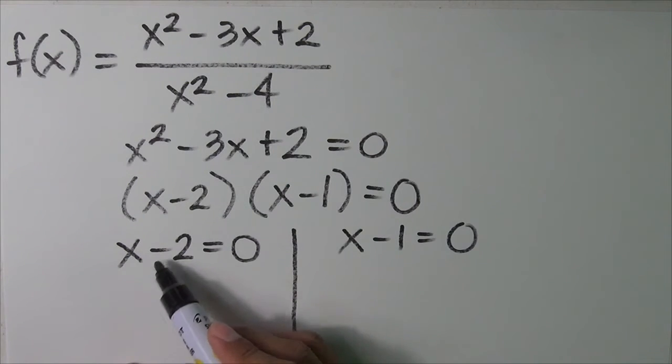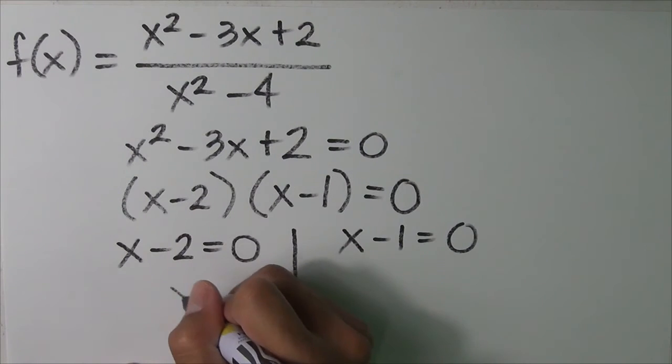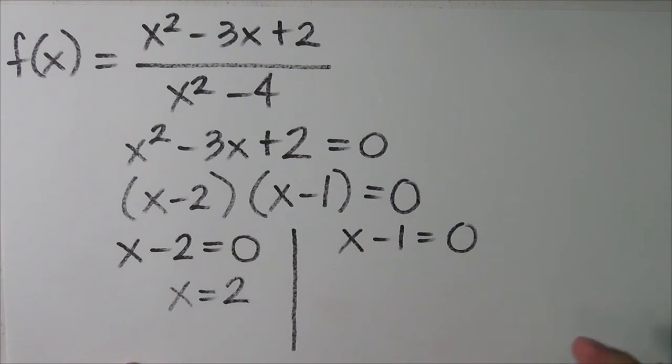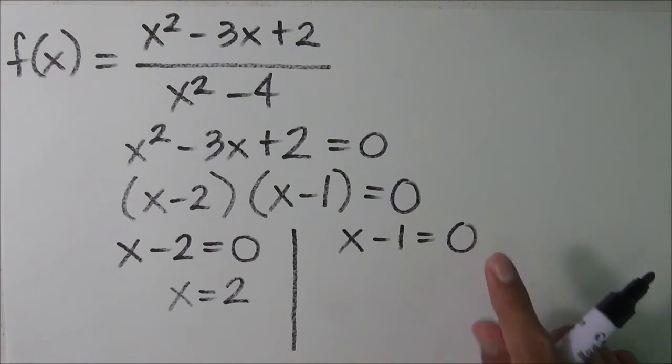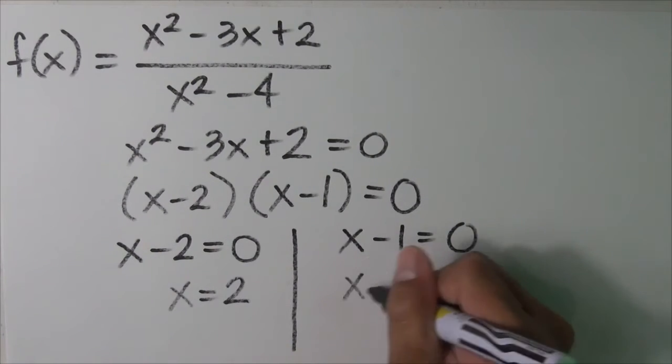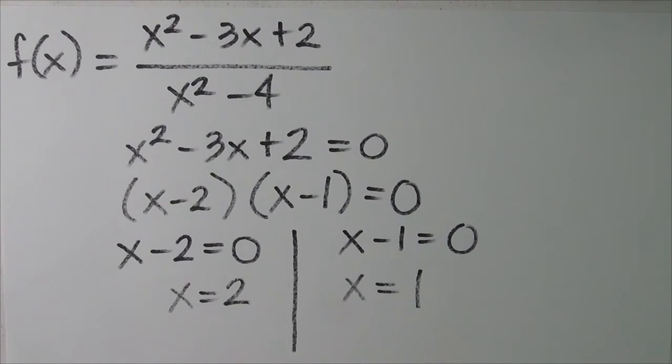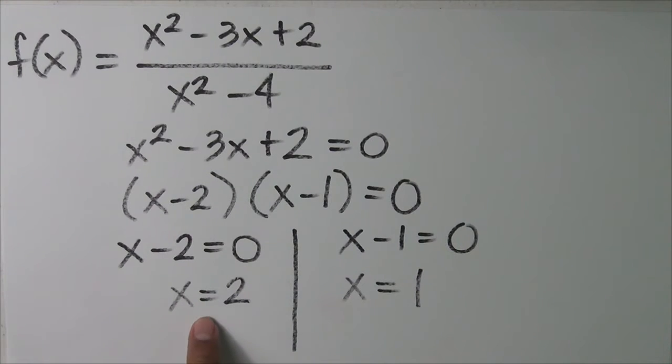By transposing negative 2, it will become positive 2, so x equals 2. Here, the same process. Negative 1 will be transposed, so it will become positive, so x equals 1. So, the x-intercepts are x equals 2 and x equals 1.